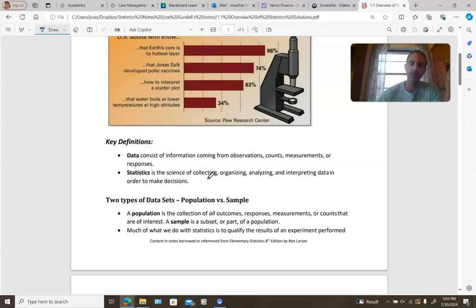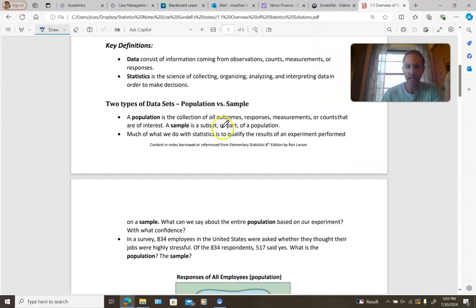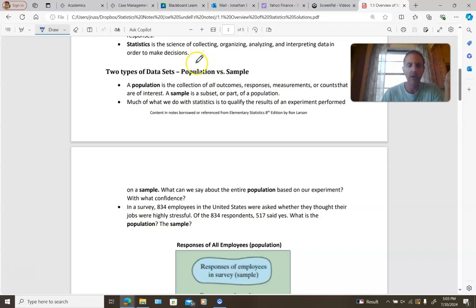Okay. All right. So two types of data sets that we're going to talk about. The first one is a population and a sample. So what's the difference between these two? Well, a population, guys, is going to be a collection of all outcomes, responses, measurements, or counts that are of interest. Let me give you an example.